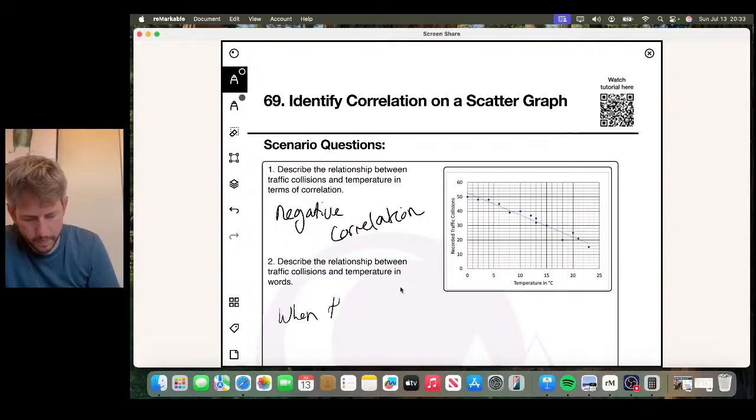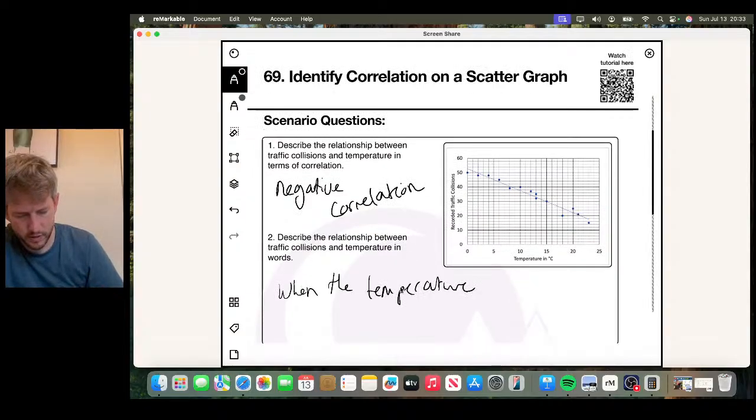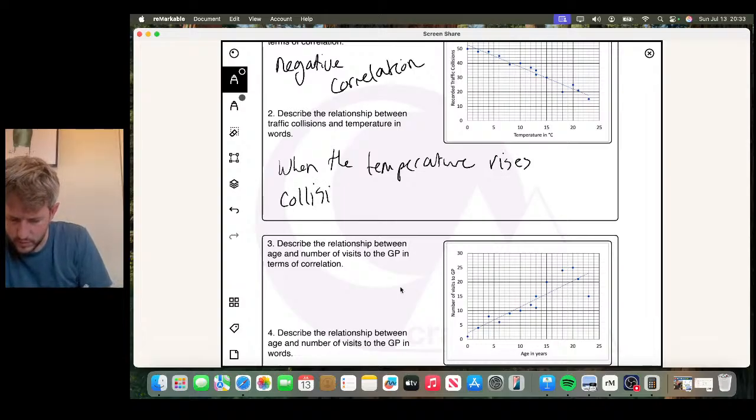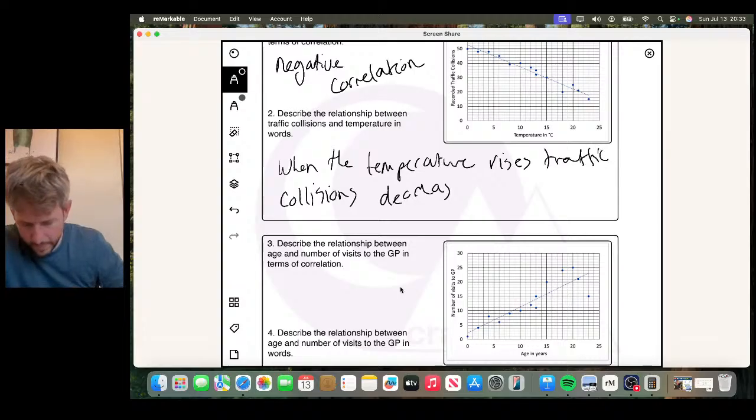When the temperature rises, collisions decrease. Okay.